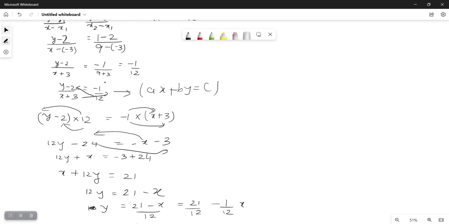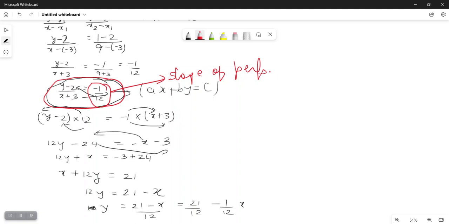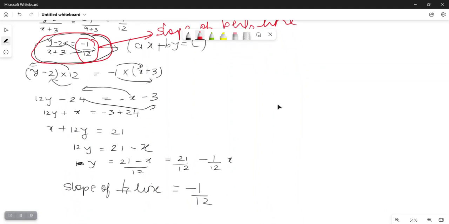Once you have got the equation of your perpendicular line in this form, the number that appears here is actually the slope of the perpendicular line, because even after working all these things, we get the slope of the line as -1/12.